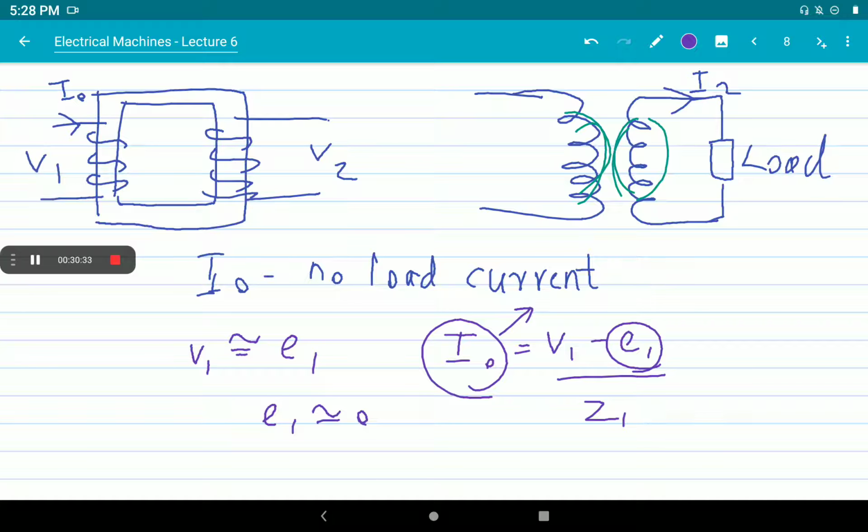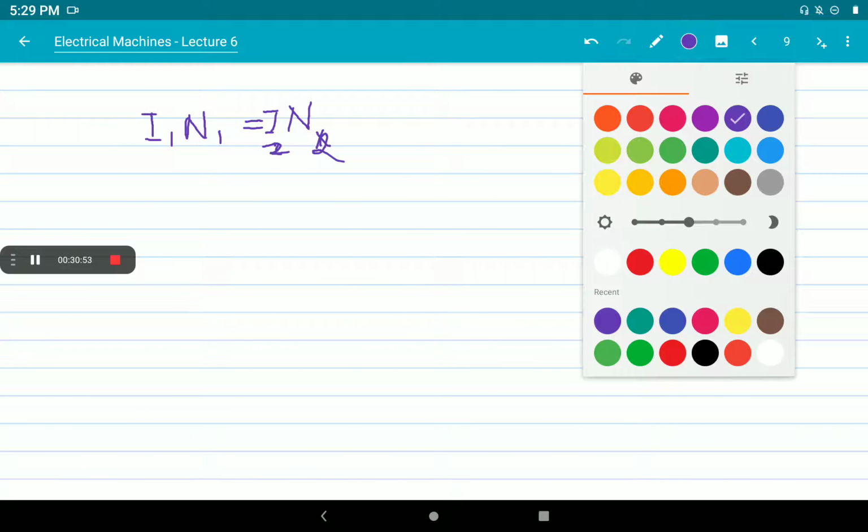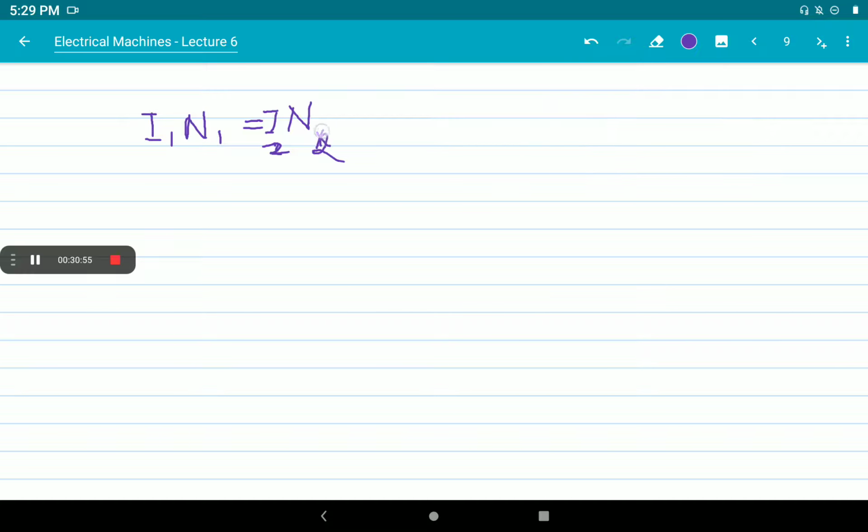So the MMF in the primary is I1 N1, which is equal to I2 N2, the MMF produced in the secondary. That means I1 N1 is the current established in the primary winding, which is trying to nullify the MMF produced in the secondary winding.